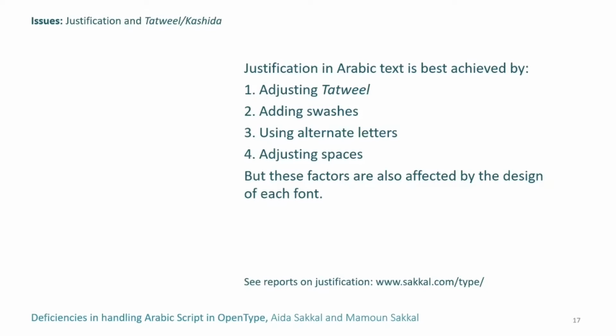This is because the designer has already provided the tools or the right arrangement for extending text. 2, by adding swashes, these are usually more pronounced glyphs, and depending on the design, they could be quite effective and non-obtrusive. 3, using alternate letters.